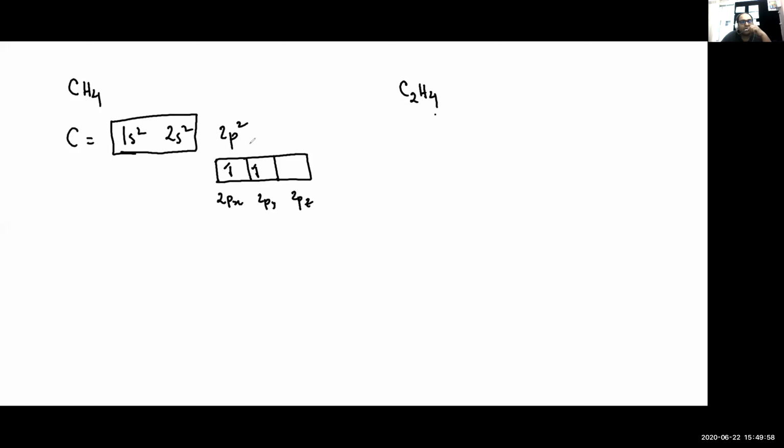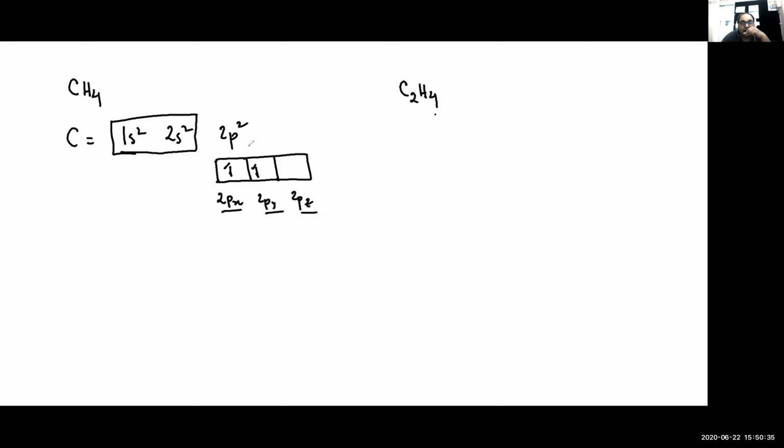We know that the p subshell has 3 orbitals, a px, a py, and a pz. Why is it px? Because the px has rotation around the x-axis, py has a rotation around the y-axis, and the pz has a rotation on the z-axis. That's why they have different names, but this much is enough for us to know. We don't need to know how the rotation takes place.